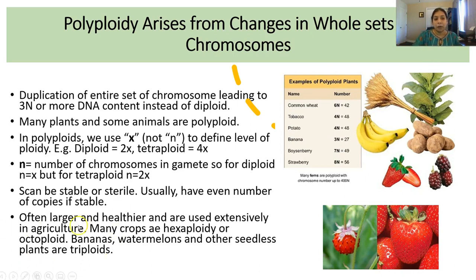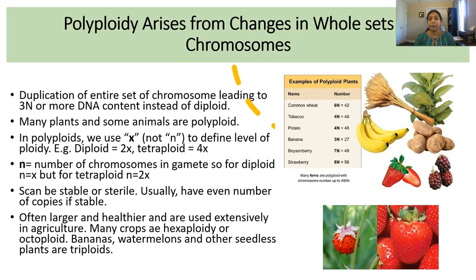These type of changes can lead to stable or sterile progeny. If you have an even number of copies, it can be stable and divide many times just like normal, and they can create more progeny without a problem.